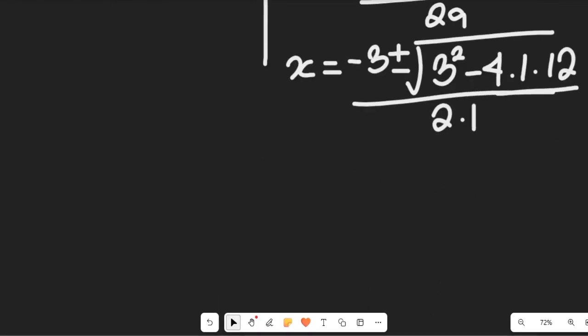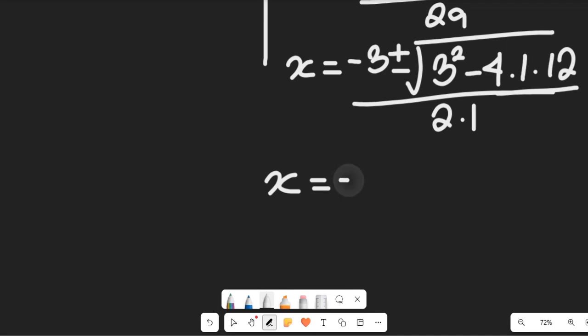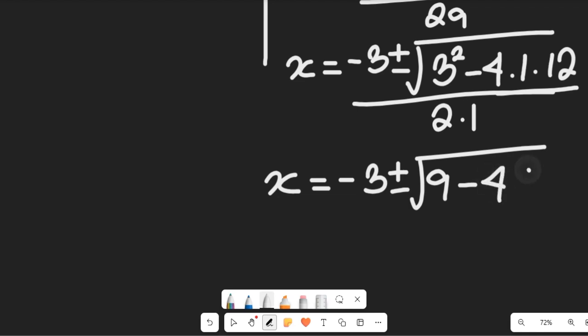And if you simplify this expression, we'll have our x equal to negative 3 plus or minus the square root of 3 squared, which is going to give us 9, minus 12 times 4, which is going to give us 48, right? Great.